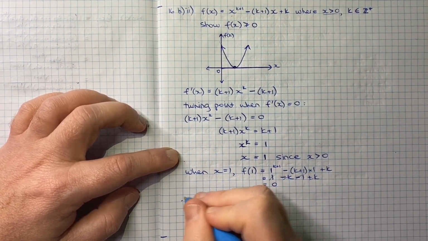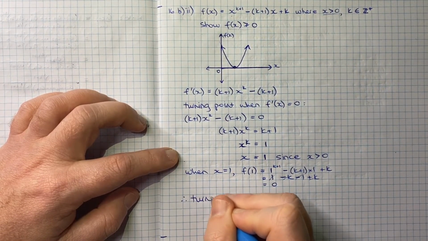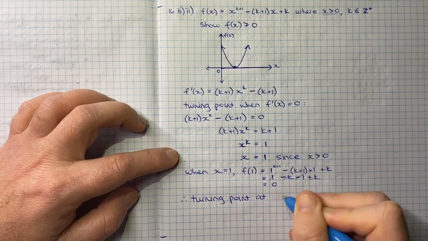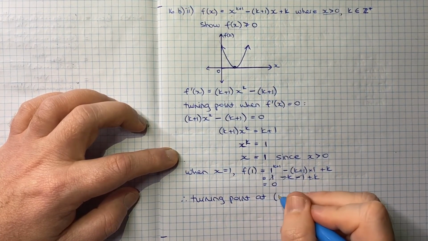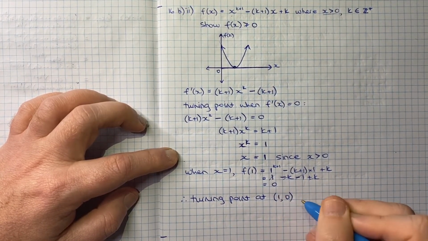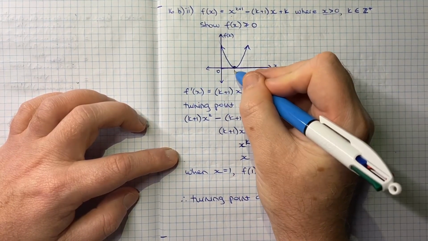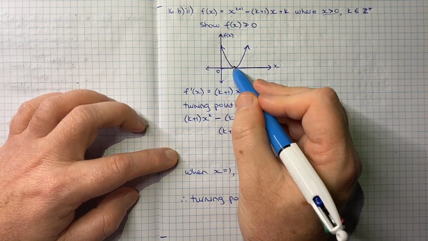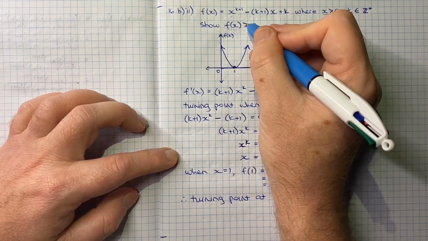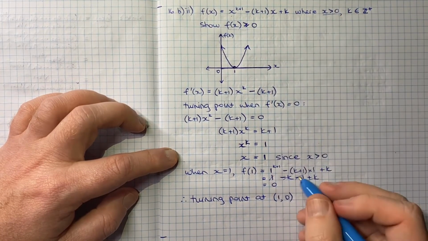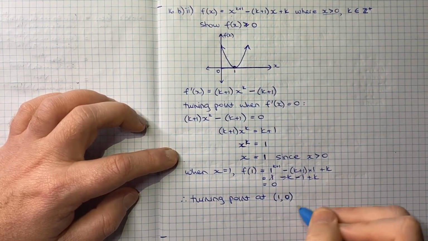So we say, therefore, we have a turning point at (1, 0). Or kind of like how I drew here, it's basically 1 on the x-axis. But that's okay, because we've got an includes in our inequalities, so greater than or equal to 0. So we've got our turning point at 0.